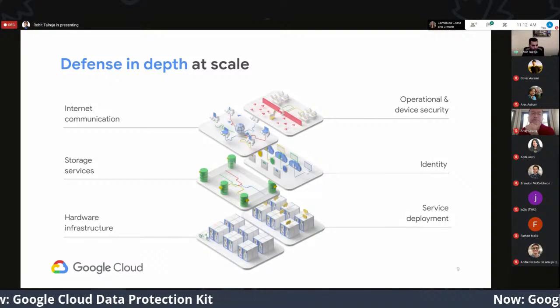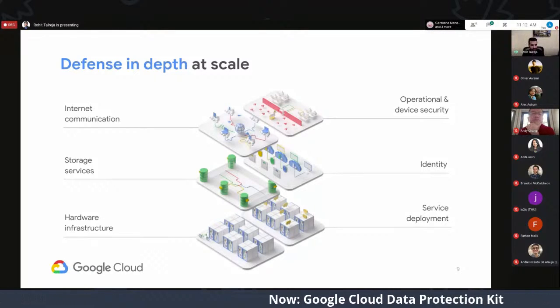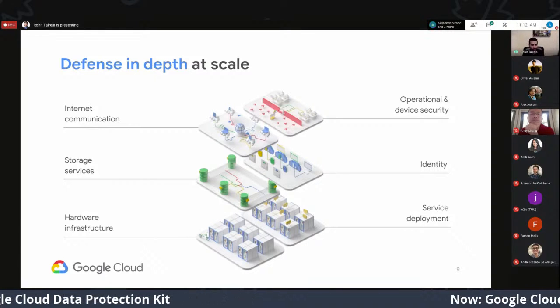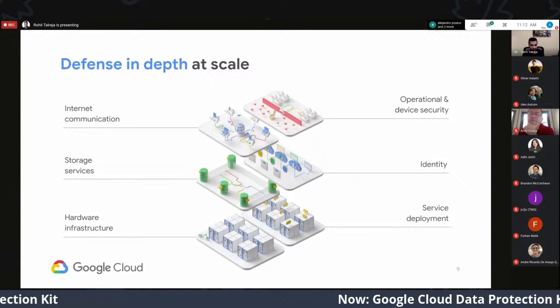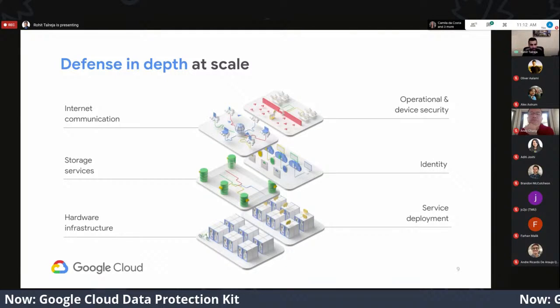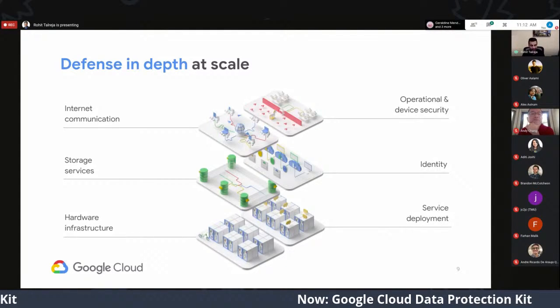In contrast, the defense in depth approach treats the IT stack as a spectrum, right? There's a spectrum of capabilities going from physical infrastructure to virtual infrastructure to internet connectivity, and then operational and device identity on the top for the end users.